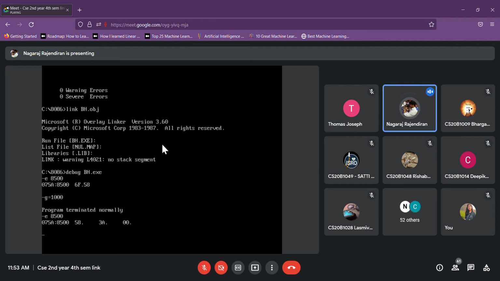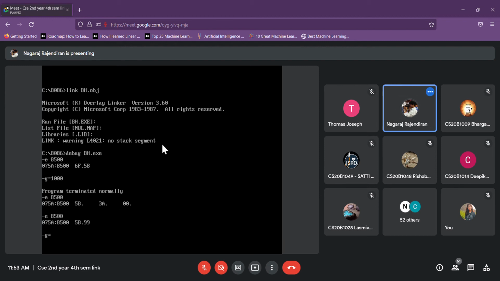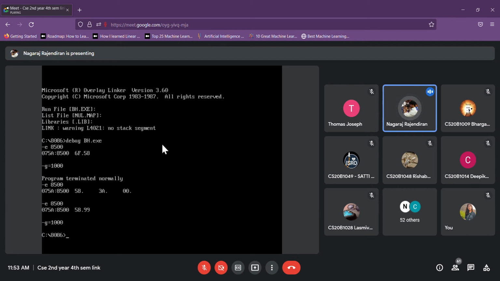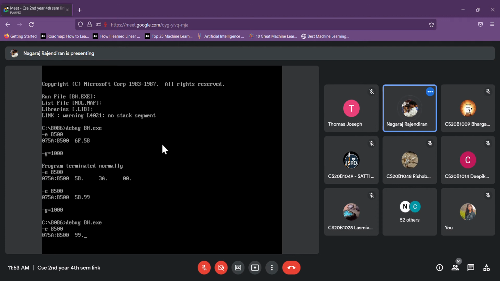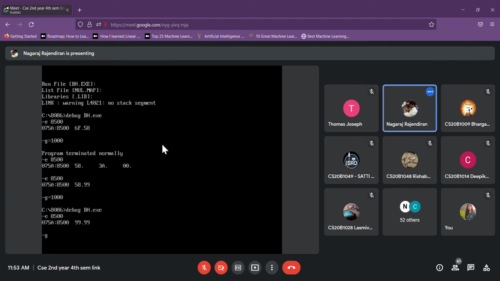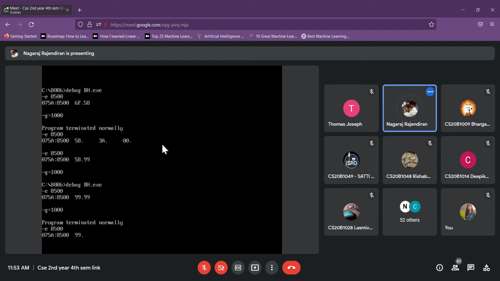Let me give one more example. In 8500, for example, I am giving 99, a decimal number. Then G equal to 1000, and C now.